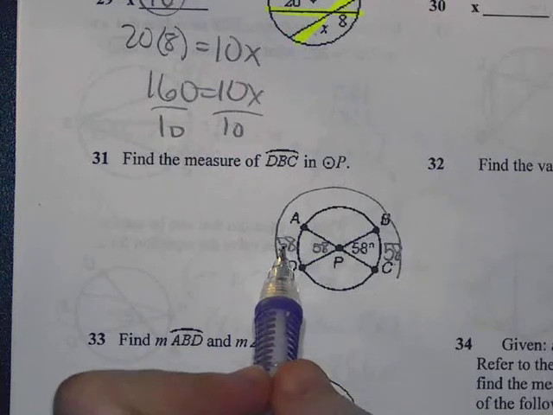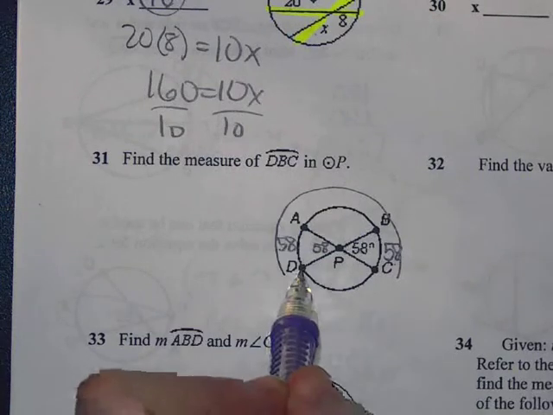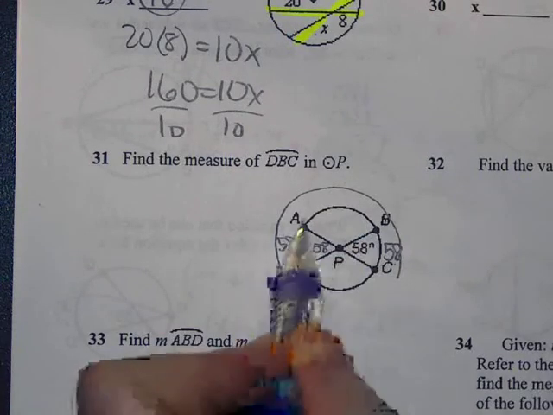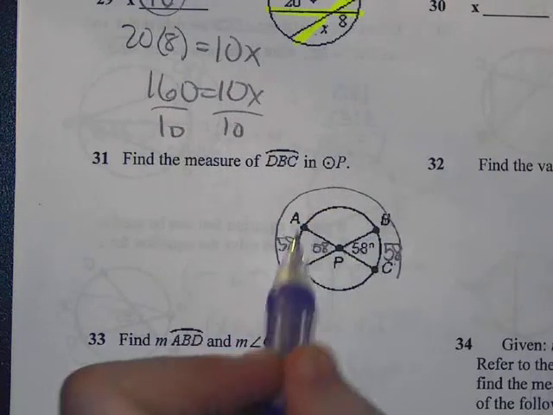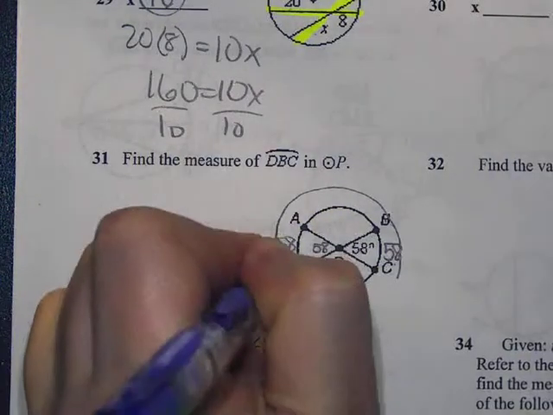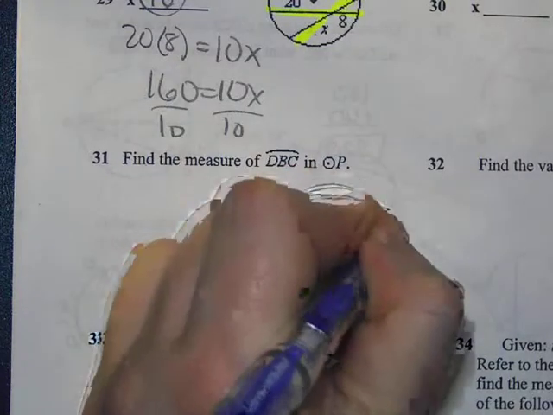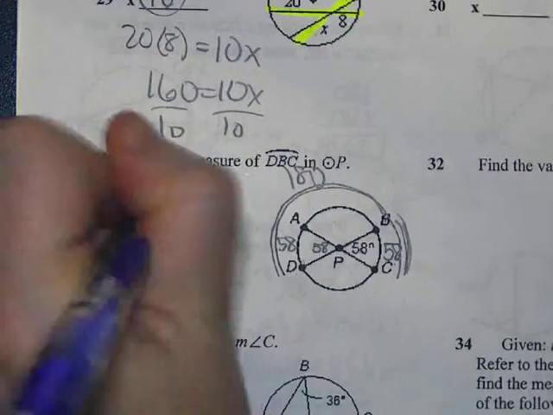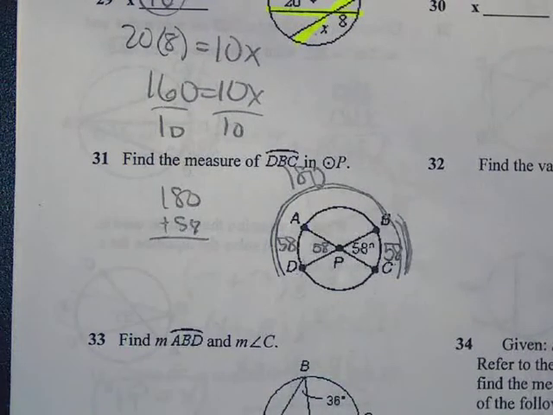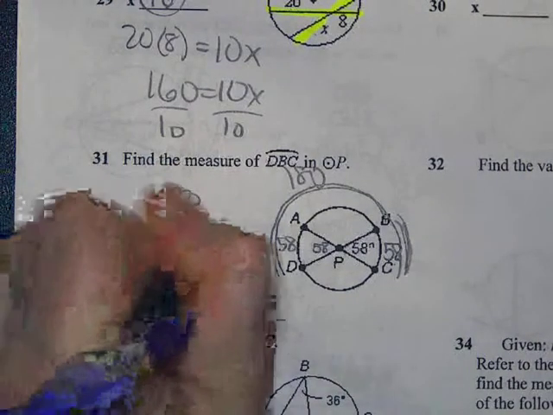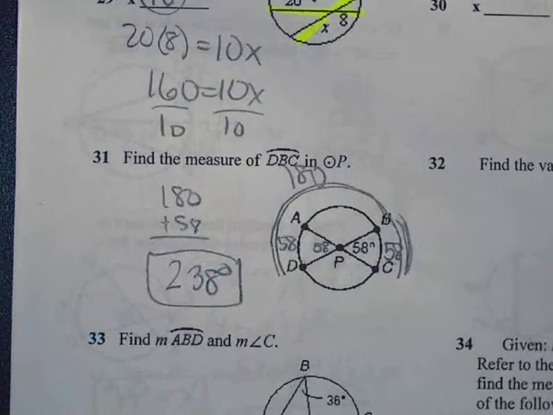Technically, I don't even have to do that, really, because DB is a diameter, so that much of the circle has to be 180 degrees. So from D to B is 180, and I want to tack on another 58 to that. So I want 180 plus 58, which comes out to 238 degrees for that arc.